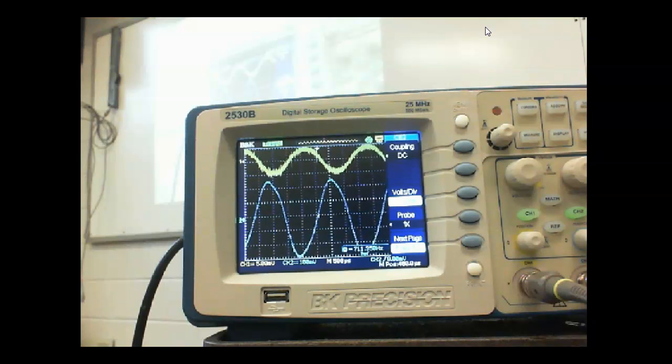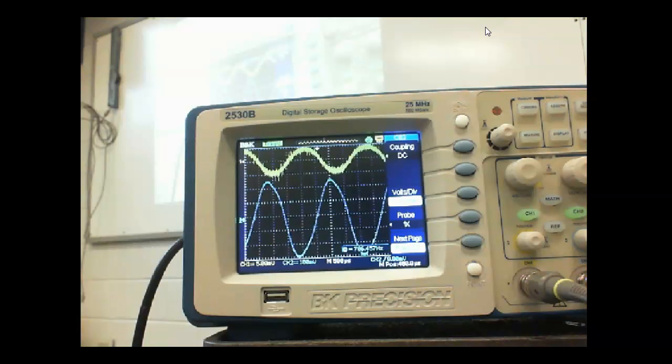The computed value we said was going to be 78. The measured is 56, which is really good. So we put 10 millivolts in.